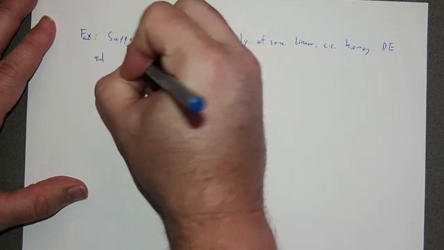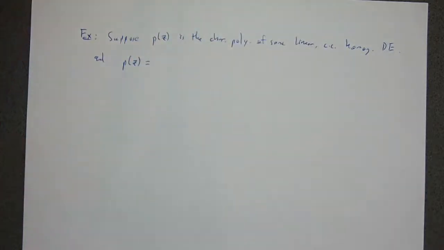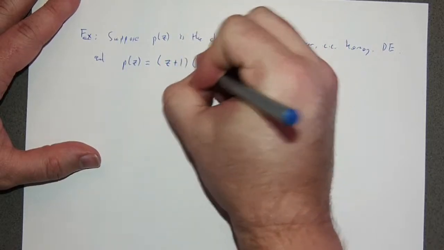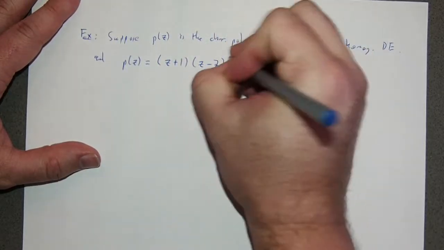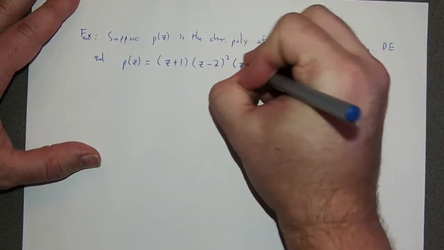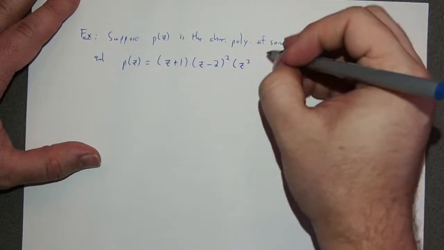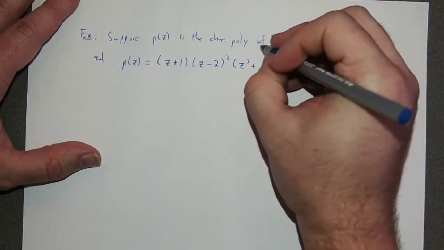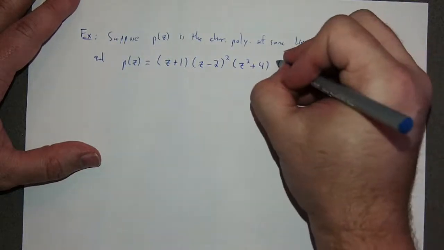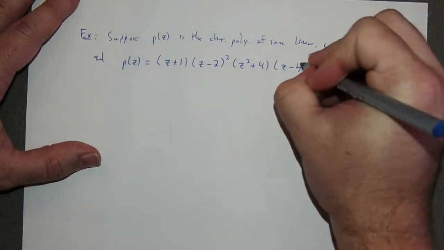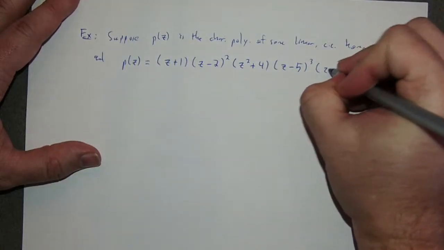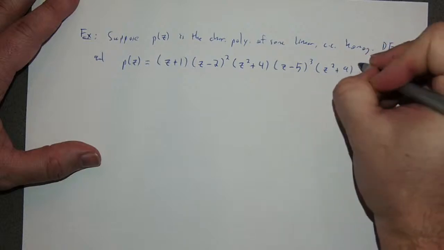And let's say that P of z is equal to z plus 1 times z minus 2 squared times z squared plus 4 times z minus 5 cubed times z squared plus 9 squared.